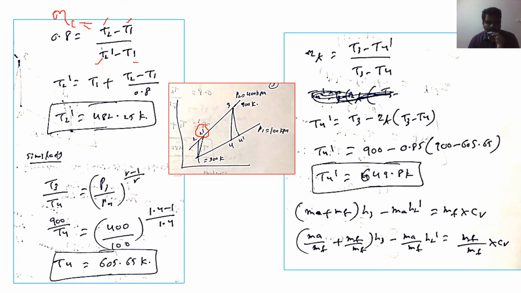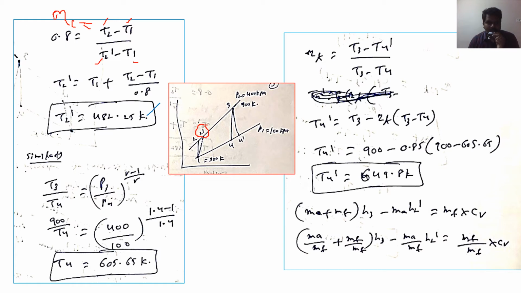In the problem they already gave efficiency of the compressor value as 0.8. So from this we can write T2 dash equals T1 plus T2 minus T1 divided by 0.8. So the temperature at point 2 dash is 482.25 Kelvin.